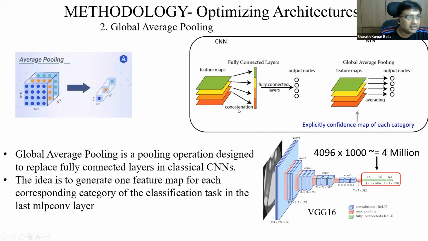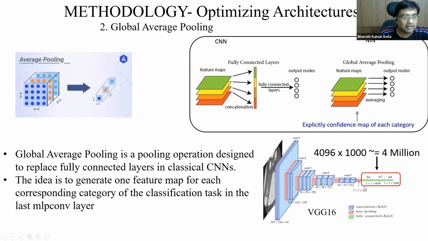Instead of using a dense network, let's say this is your 7x7 feature map, right? What you would do is a global average pooling, just like a max pool. It's just global, you are averaging all the channel outputs here to one data point. So if you have 4 channels, you will just have a 4-dimensional vector.